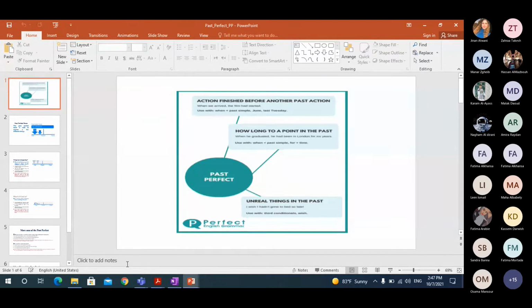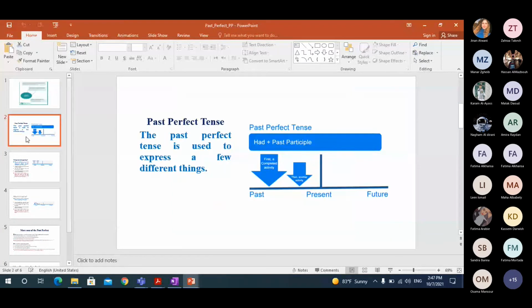Yes, had. All the subjects become equal. Okay? All the subjects become equal. We have had in addition to the past participle form of the main verb. I had, he had, she had, they had, etc. I had practiced tennis, for example, when I was young, she had practiced tennis, they had practiced tennis. Okay, they all take had.